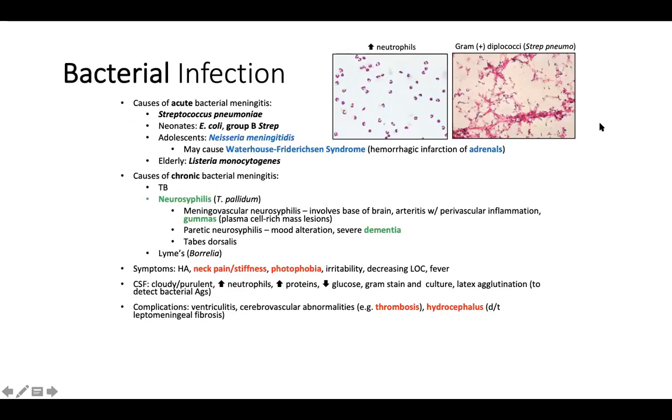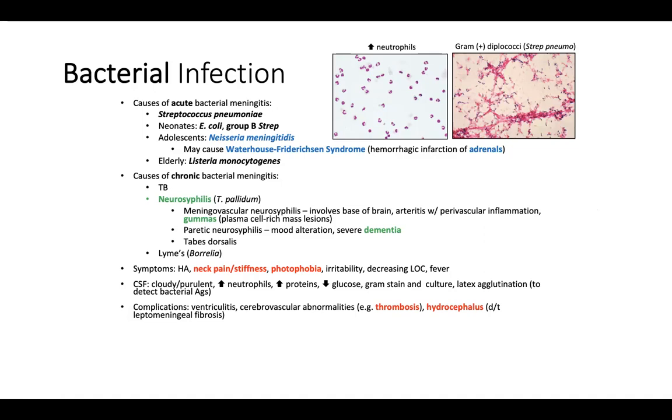So bacterial infections. The most common kind is going to be strep pneumo. It's going to be the most common type of bacterial meningitis. For neonates, it's going to be a little bit different. It's going to be E. coli and then group B strep.